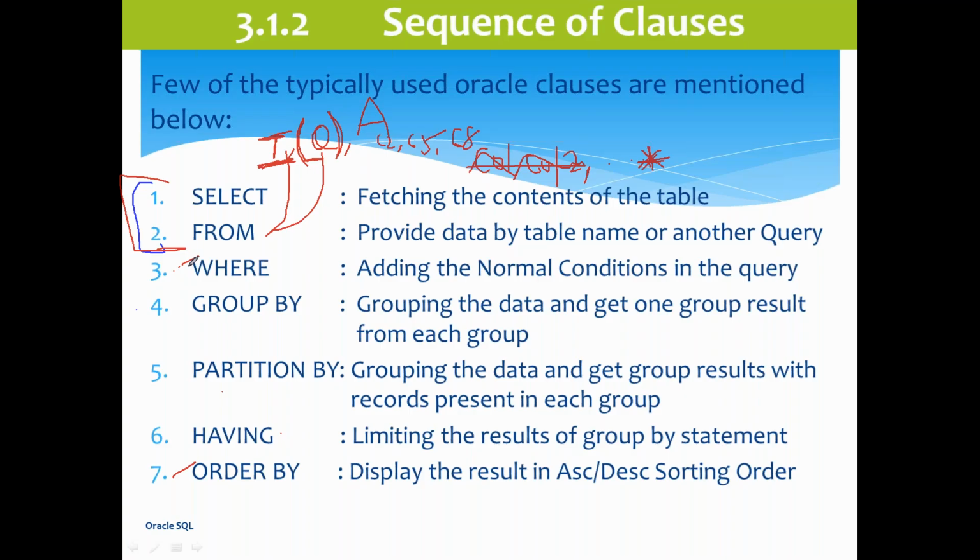Now, where? From the data which we pass as a table, query or alias, a lot of data is there, maybe 500 columns, maybe 1 lakh rows. We don't need all of those. What type of data we require, those data we can filter. Filtration will happen, so to filter the data, the where clause is used.